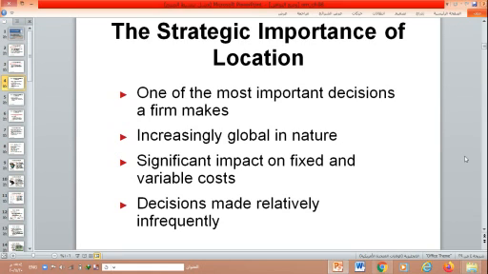This decision has a significant impact on fixed or variable costs. The fixed costs such as the land costs and the variable costs such as labor or utilities costs. So location has a major impact on the overall risk and the profit of the company, because it affects whether it's fixed cost or variable cost.